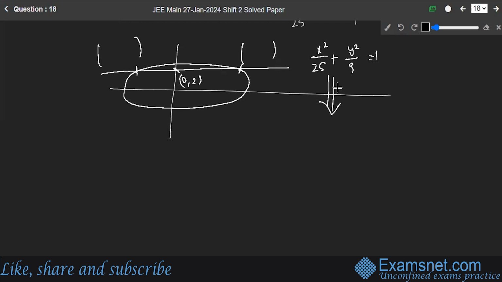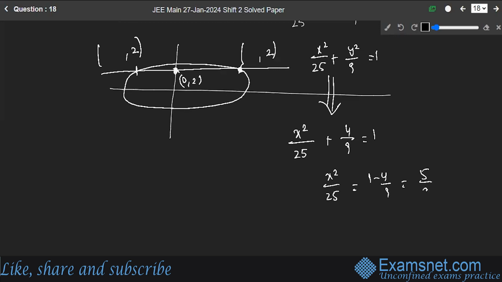So here x square upon 25. See, if y is equal to 2 over here, then y will be 2 at these 2 points also. So let's fill in y's value. 2 square, this is 4 upon 9 is equal to 1. X square upon 25 is equal to 1 minus 4 by 9.